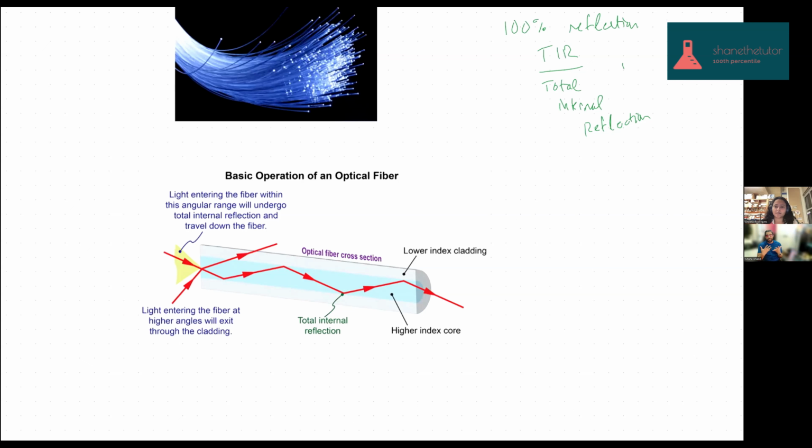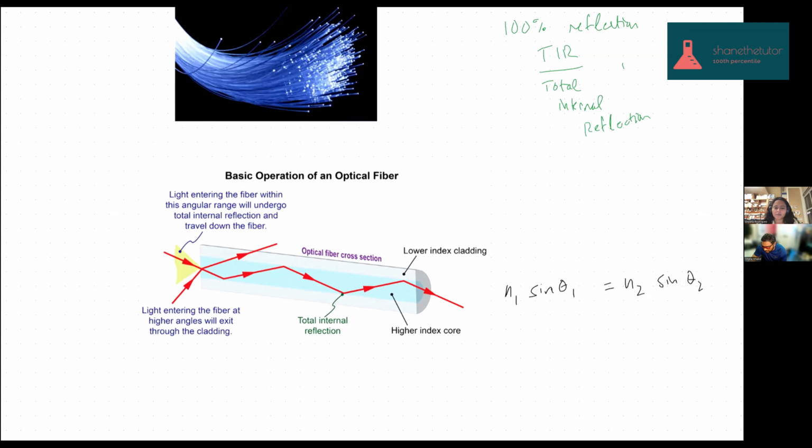And then when it comes to Snell's law, let's say n1 sine theta 1 is equal to n2 sine theta 2, right?